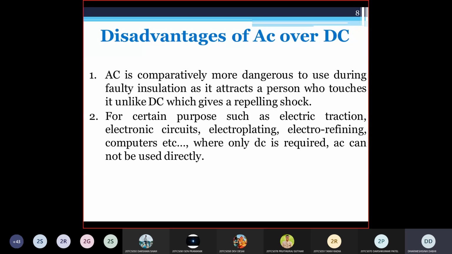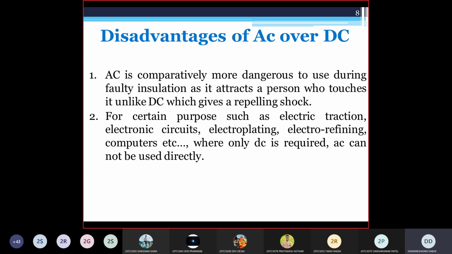Clear? Now, the second disadvantage is that for certain purposes or applications like electric traction, we generally prefer the DC motor. In electronic circuits, as you know, all the electronic circuits require the DC supply. In your computer, in your mobile, all the electronic circuits require the DC supply.